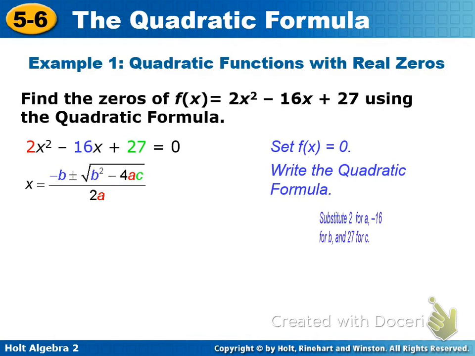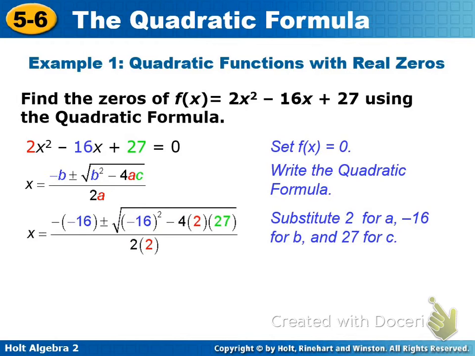And then we subbed those in. So again, you ended up with a double negative here, so that's going to bring back a positive. When you square a negative, it's always going to come out to be positive. So that should have been a positive 256. And then minus your 4, your A of 2, and your C of 27.